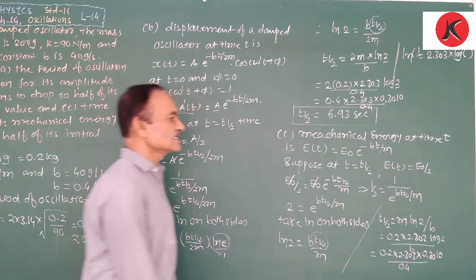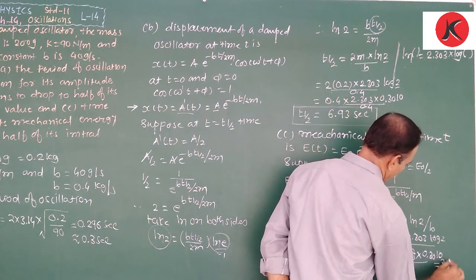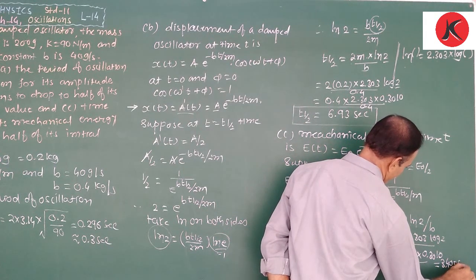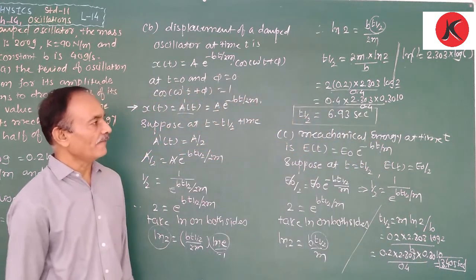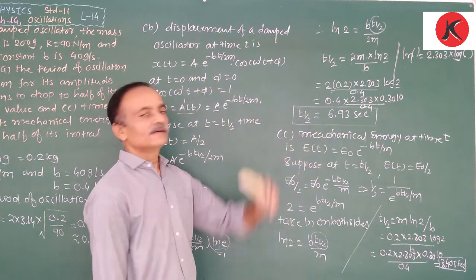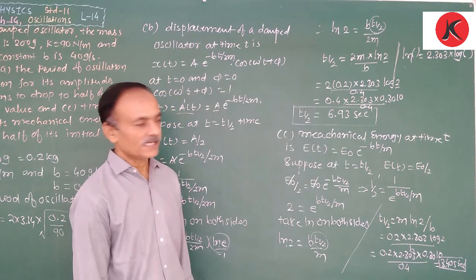Therefore, we obtain the answer 3.405 seconds. So in this time the mechanical energy becomes half, while in the other time the amplitude of the damped oscillation becomes half.